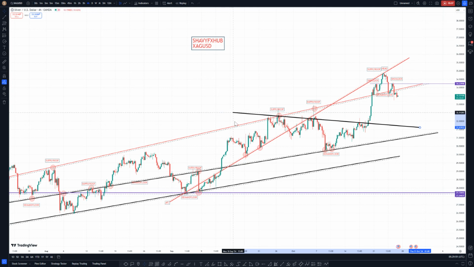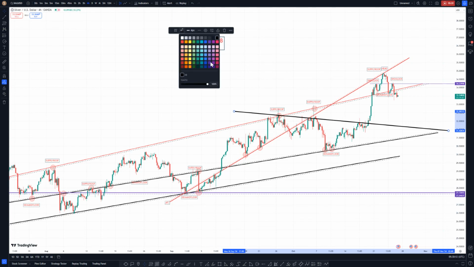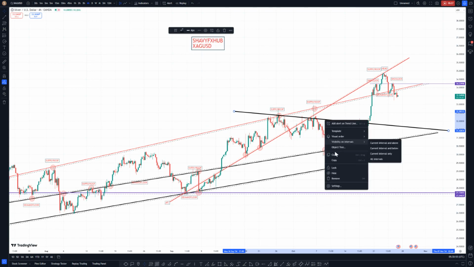So this is the zone we should be expecting silver to retest. We should be expecting a retest in this zone and in this manner. So let's expect it to come in this form.